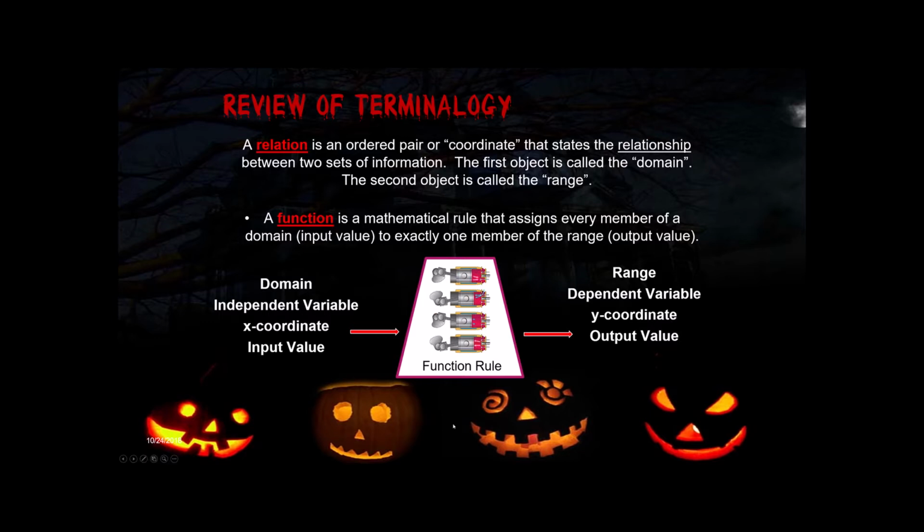But what's important is something goes into my rule, and it gets matched to something else. That's a relationship. If it's a function, the thing that goes in gets matched to exactly one item in the range. Or if you put something in, it can only possibly give you one thing out.